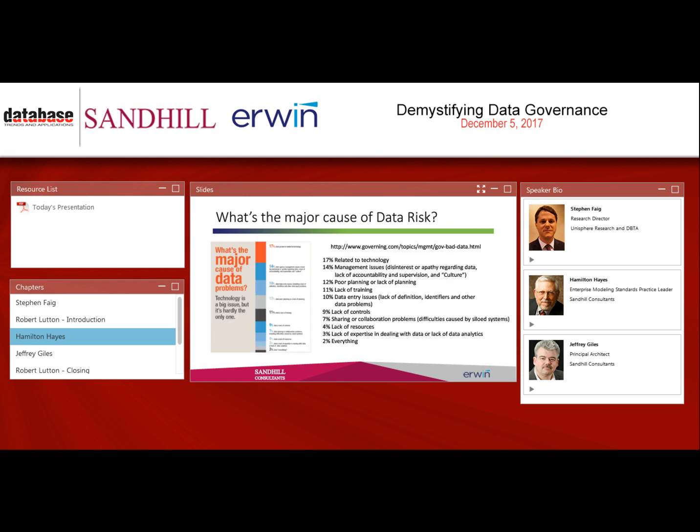So one of the questions we always ask ourselves: what's the major cause for increased data risk? There are many identified causes. This is one survey, and you can see that a lot of it seems to be related to technology issues, maybe coding problems, maybe other kinds of technological systems issues.